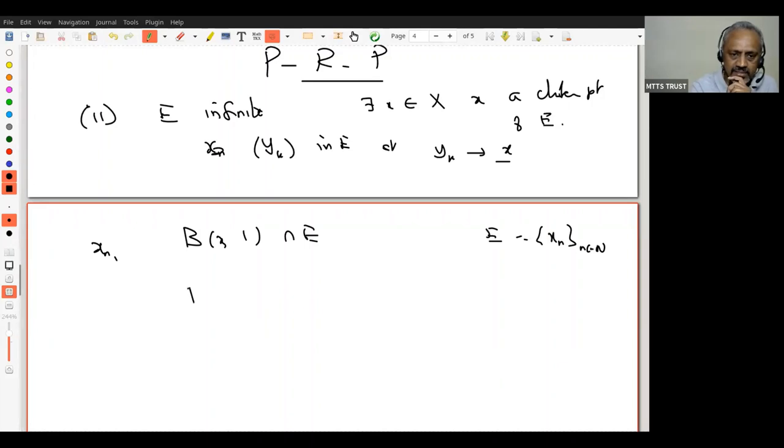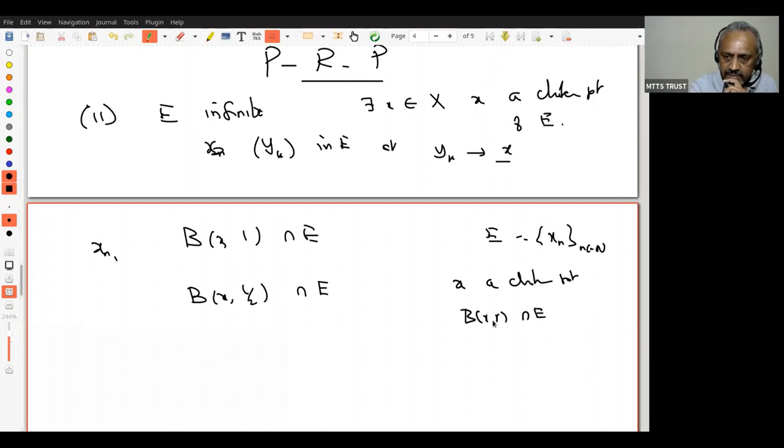Next, let us look at B(x,1/2) intersection E. Notice that since x is a cluster point, any open ball B(x,r) intersection E will have infinitely many points, will be infinite.